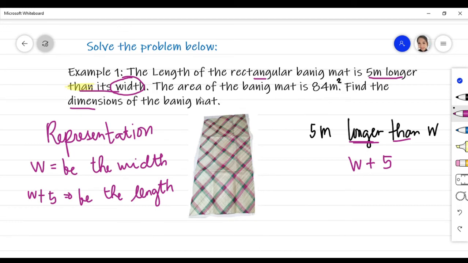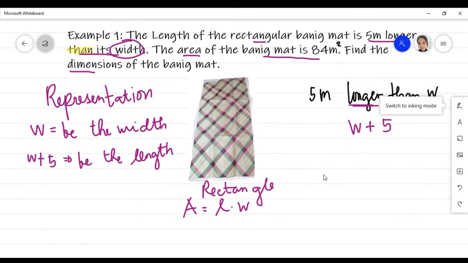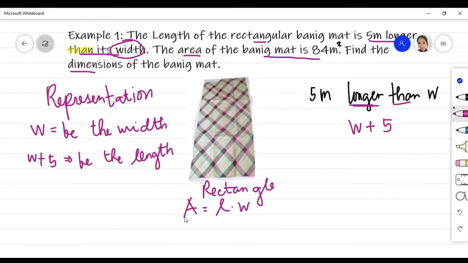Now, what's the area? Since this one is a rectangle, we know that the area of a rectangle is length times the width. So the area of the banig mat is 84 meters squared, meaning our A here is 84 equals the length.